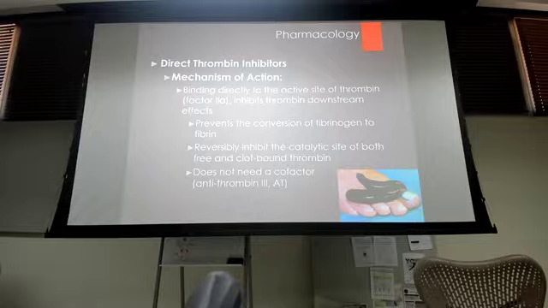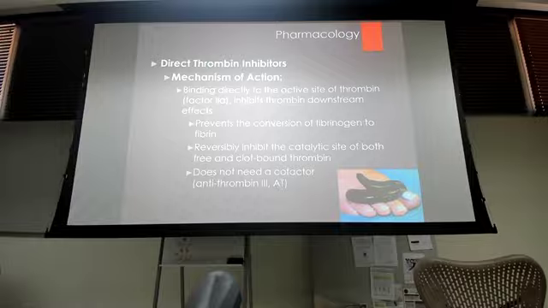The agents are listed on the slide, or the next slide: desirudin, argatroban, and then the oral agent is dabigatran. So the first two are parenteral, and there's a chart on it further in the slide deck. Dabigatran, you should know, is an oral agent. They're important in HIT management.